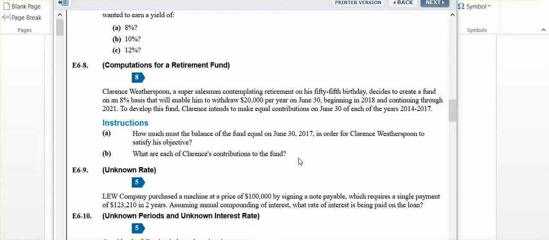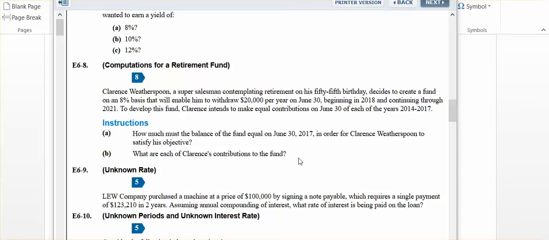to contribute for 4 years, 2014 to 2017. So 14, 15, 16, 17, 4 years. So he's going to put 4 sums in, not sure how much, but he needs to put enough in so that at the end of 4 years, he can start taking $20,000 out each year.